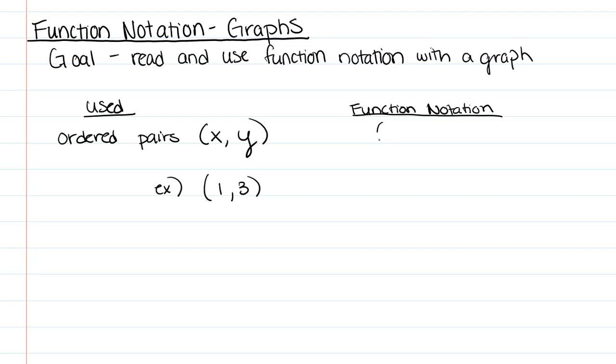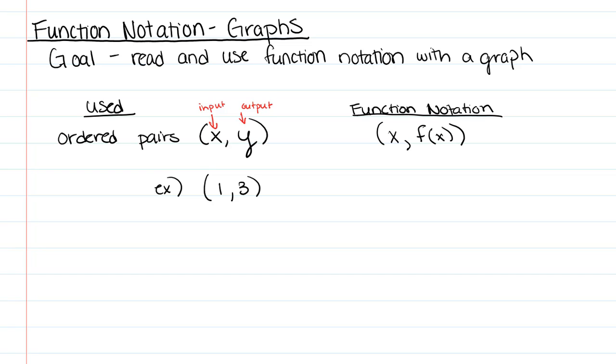And so an ordered pair now looks like x comma f of x. Both are still stating an input and an output. When I put x in, I get y out. Or when I put x in, I get f of x out.